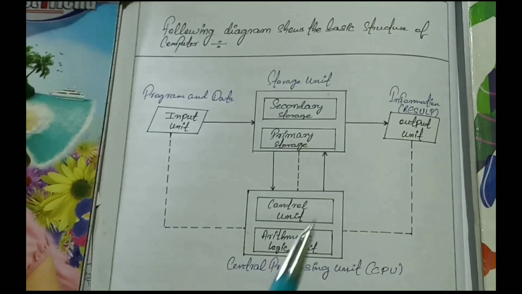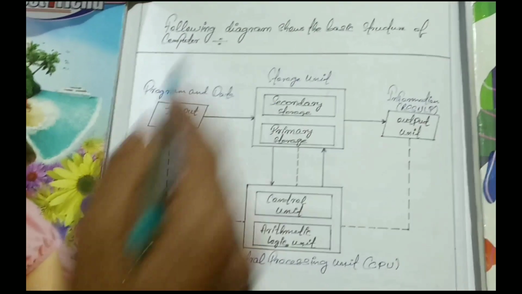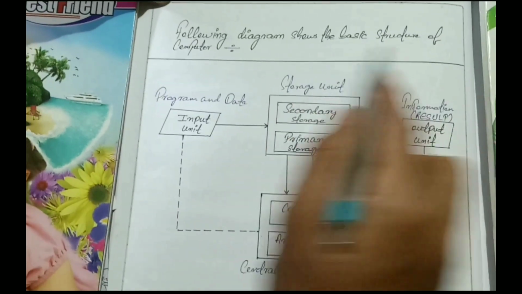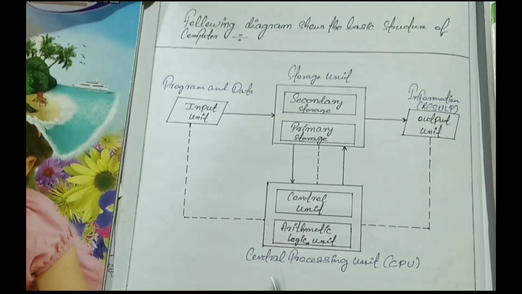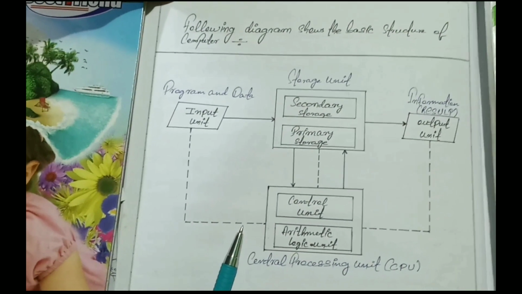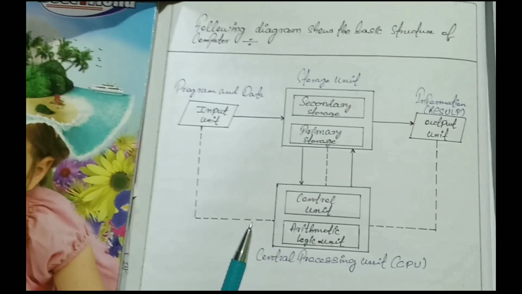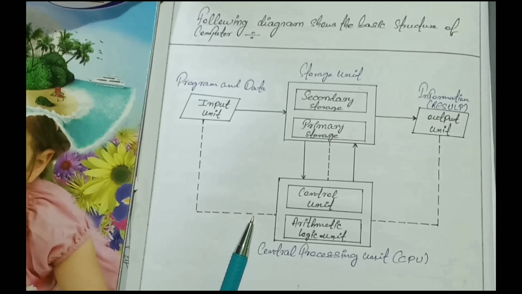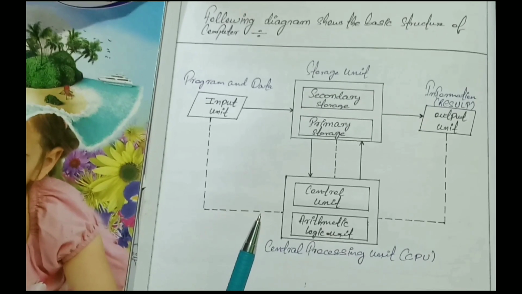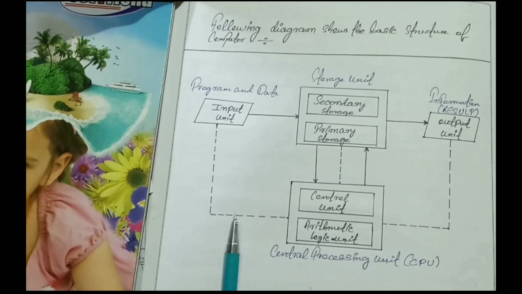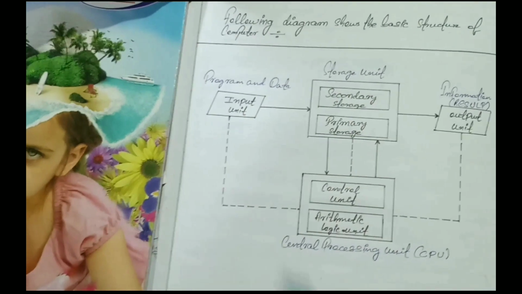Here we can see the following diagram shows the basic structure of computer. Nowadays we cannot imagine the world without computer, so we all need a basic understanding of its basic structure. This is the diagram of the basic structure of computer.